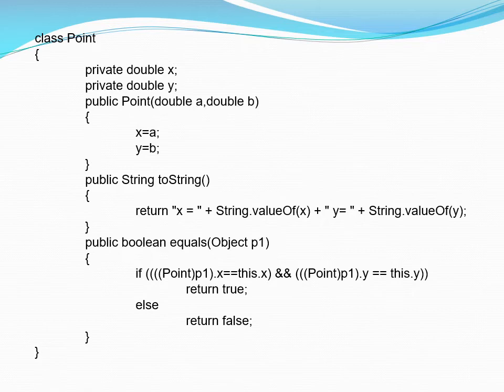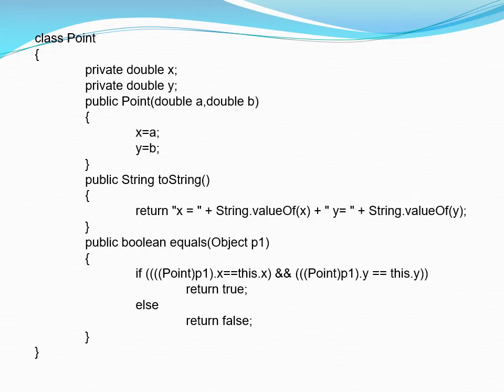Remember, the Point class implicitly inherits from the Object class, so whatever methods are there in the Object class are also there in the Point class. Point will also have the toString method, the equals method, the hashCode method, all these methods.